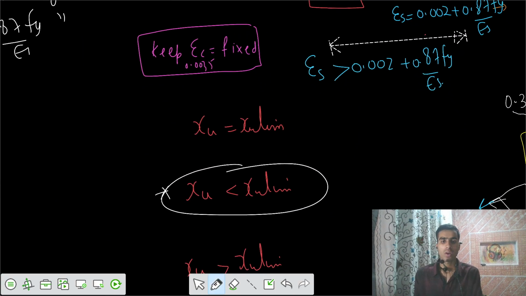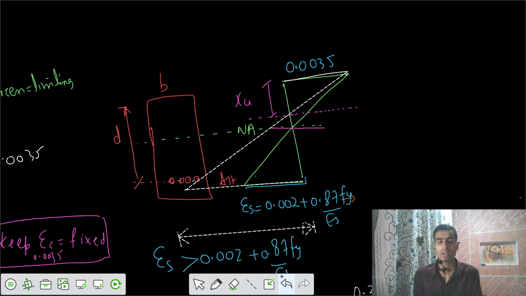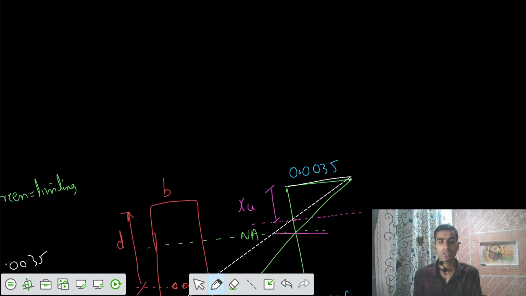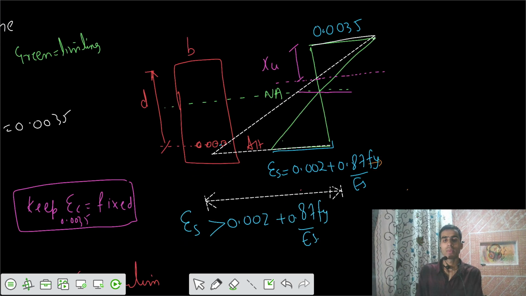If your actual neutral axis location is lesser than the limiting condition, then when the strain in the concrete has reached the failure strain of 0.0035, what is the strain that has developed in the steel? Can you see that?